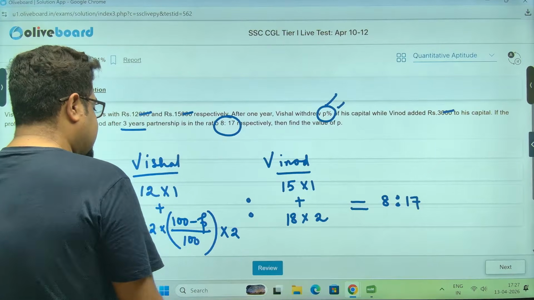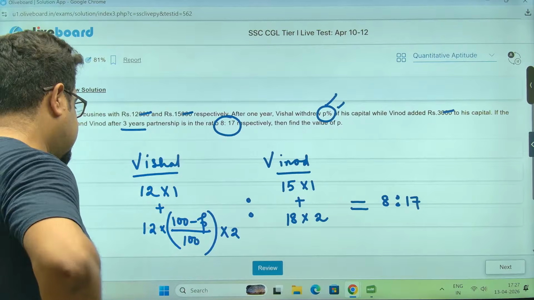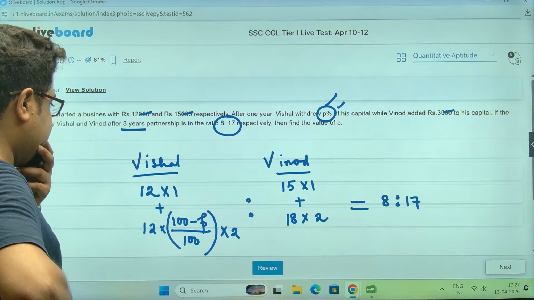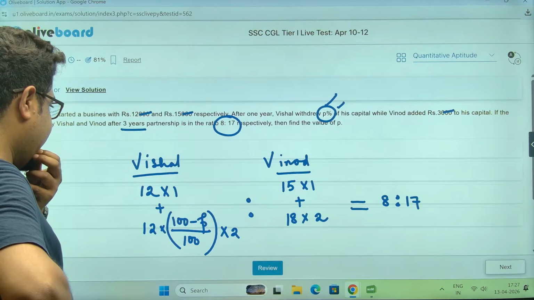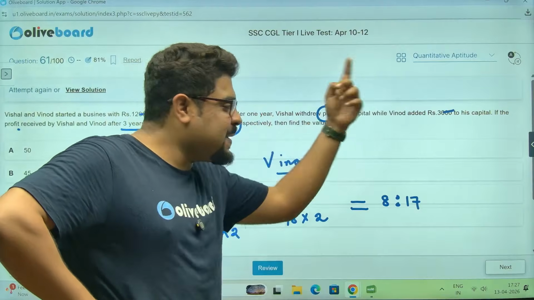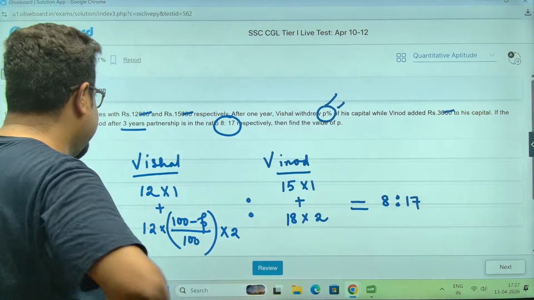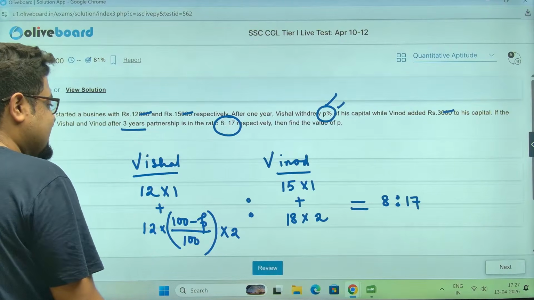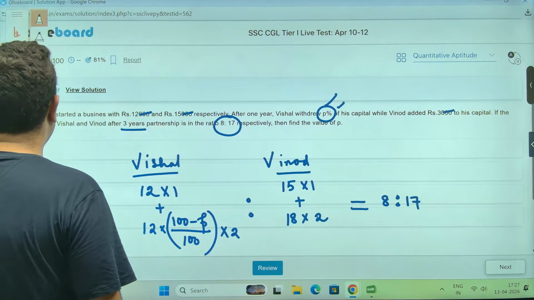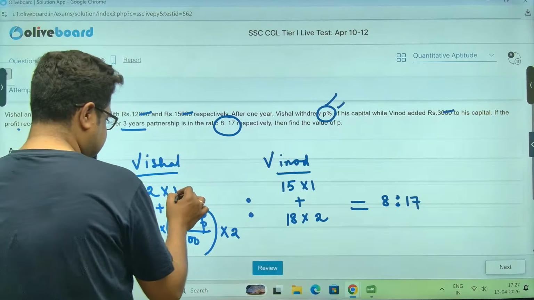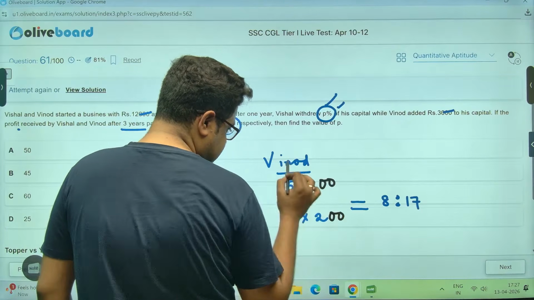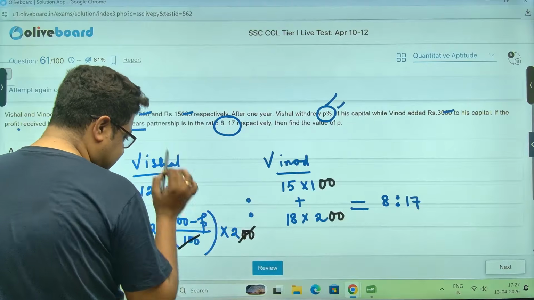Calculate whatever you can calculate. I don't think we can calculate much. And I'm regretting my decision of getting rid of those zeros because of this 100. So do one thing now. Multiply everything by 100, because I don't want to calculate like this. I want to calculate a little bit better.